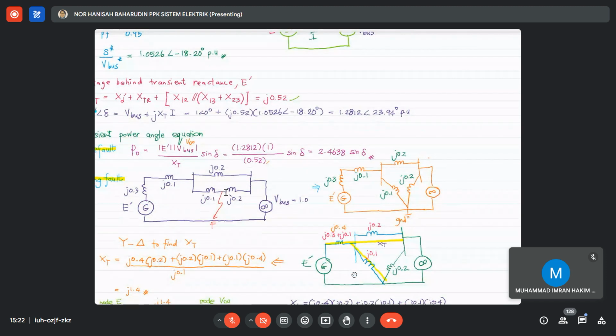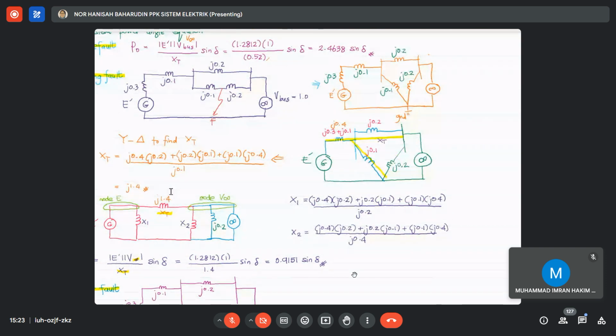And during fault, I have discussed with you so many times, student, you have to convert this to delta so that you can determine the transfer reactance between the E prime and the infinity bus. So you have to find your XT here, from the star delta transformation.